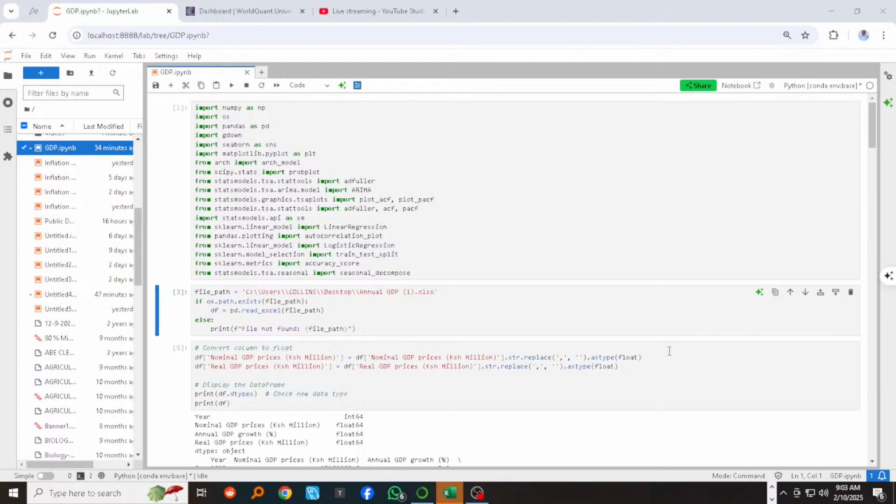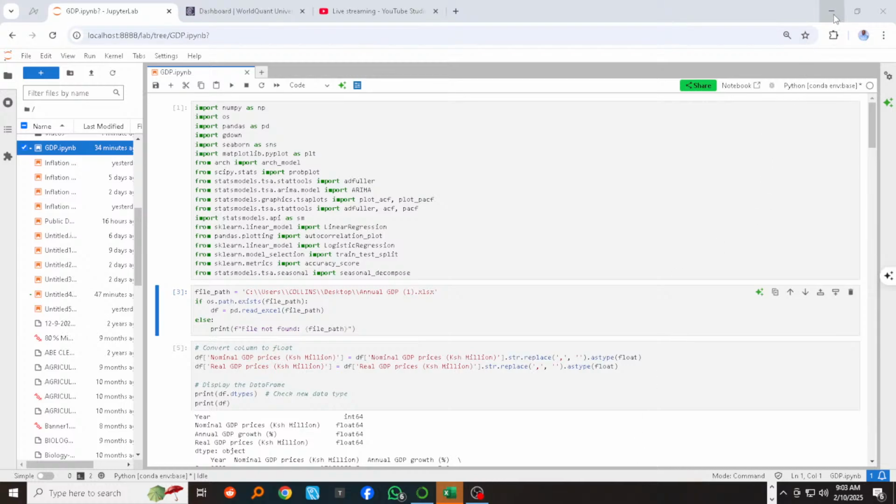And so for that reason, there is need to clean the data, because a number of times we have leading and trailing spaces that interfere with the analysis, and particularly that was the case with the GDP data, since the entries are huge, and for that reason it contains commas as well.